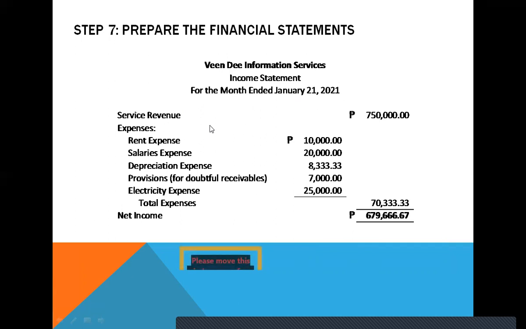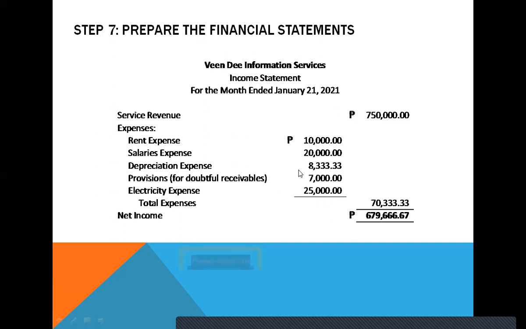Service revenue, 750,000 pesos. Expenses: rent expense, 10,000 pesos. Salaries expense, 20,000 pesos. Depreciation expense of 8,333.33. Provision for doubtful receivables, 7,000 pesos. Electricity expense of 25,000 pesos.